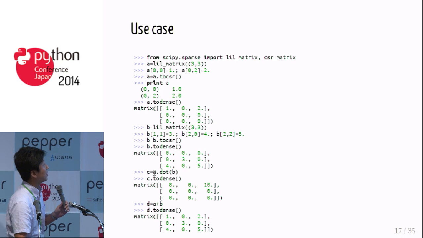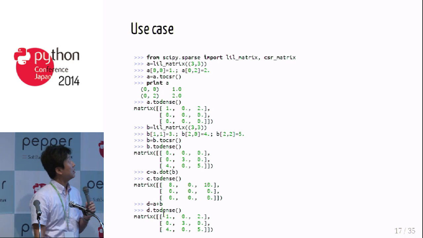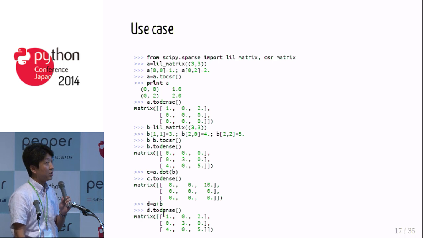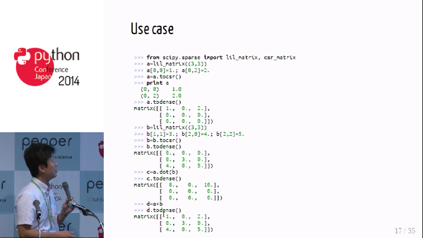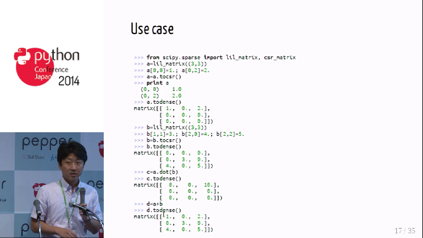And after that, this is the example of multiplication. So this is A times B. This is taking a product of A and B. And if you want the sum of A and B, you just say A plus B. So the important point is LIL is convenient to assign data. But to compute, you have to convert it to CSR or CSC.